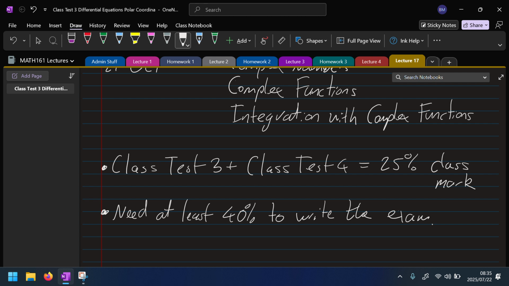And the exam will be the usual 3 hours, either in the students' union or in the Old Mutual sports hall. Please check the timetable for that. I don't know when it will be or which venue. You will need to find that out for yourself.